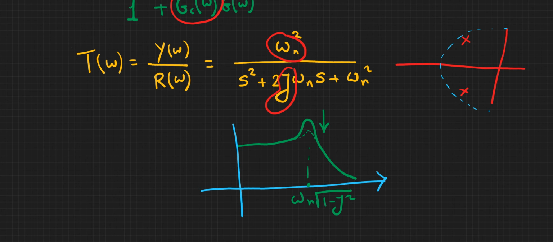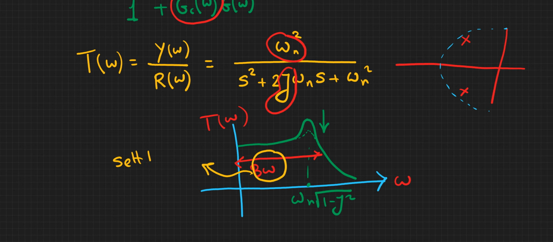And also we talked about other characteristics like the bandwidth of the system. So this is omega, and this is T of omega, for example, if we are talking about the overall transfer function. So we talked about the bandwidth of the system and how this bandwidth is essentially related to the speed of the system, or the settling time of our system.